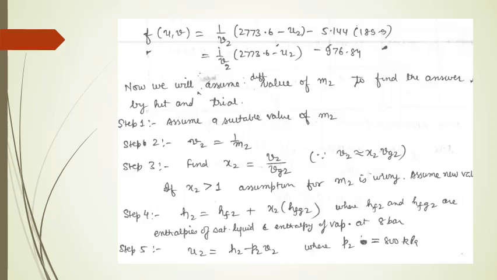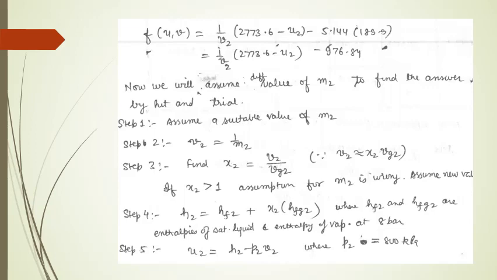Now V2 is equal to 1 upon M2. Now we find the value of X2, which is obtained by V2 upon Vg2, as V2 is approximately equal to X2 Vg2. Now if X2 is greater than 1, definitely assumption for M2 is wrong. We have to assume new values because X2 greater than 1 is not defined.